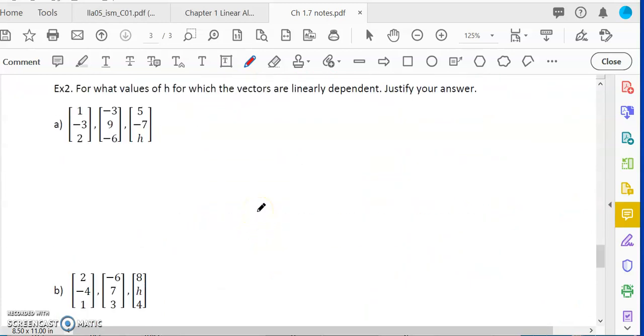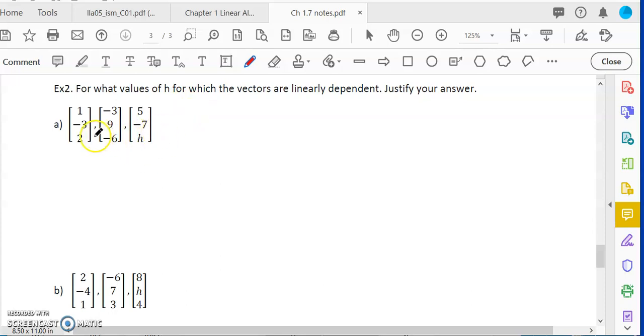Now, let's look at some more advanced topics. This is about an unknown. You have three vectors. If I want these three vectors to be linearly dependent, meaning I can add them together to equal 0, and I have three columns, what should H be?